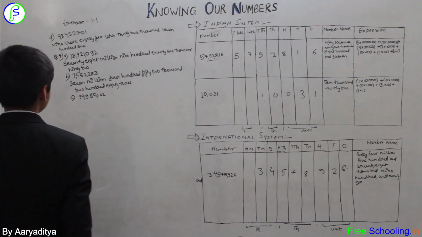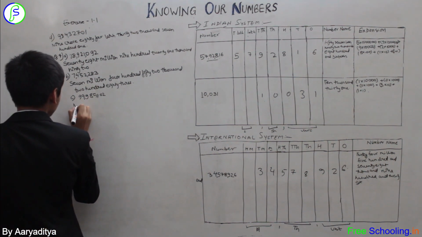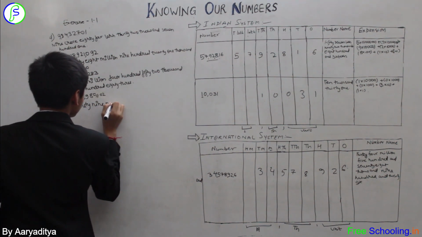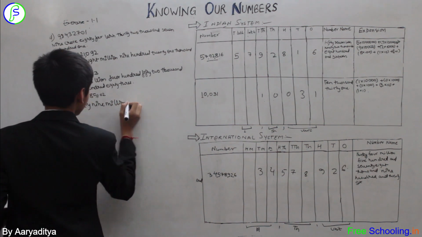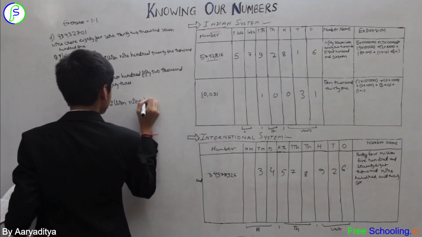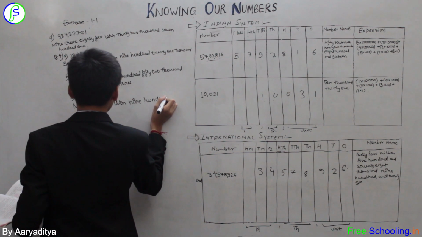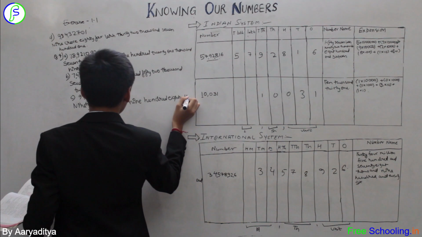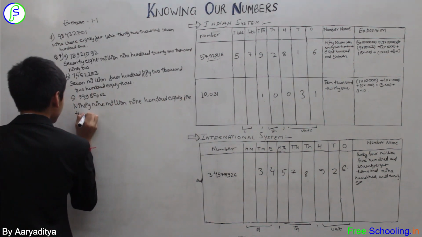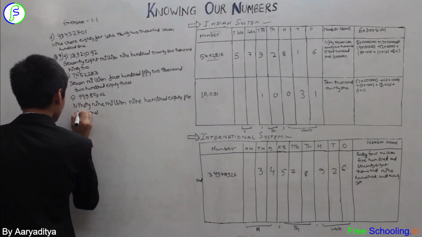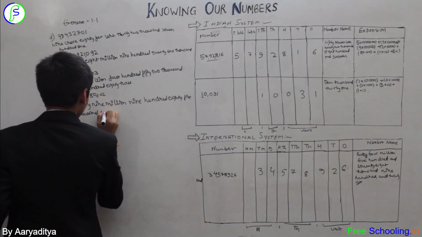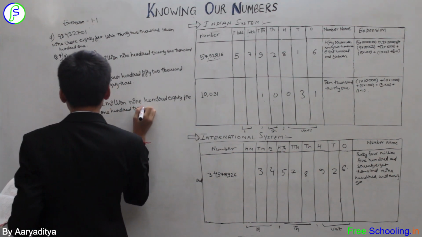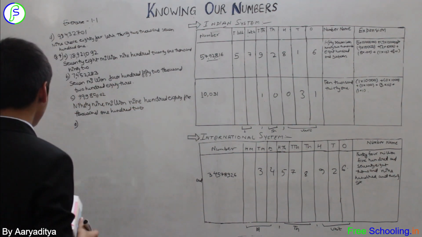Okay, so for the C part, let's name it. 999,851 thousand 102. Moving on to the D part.